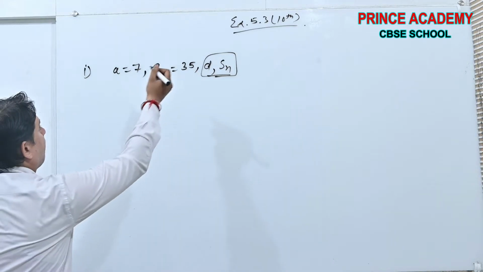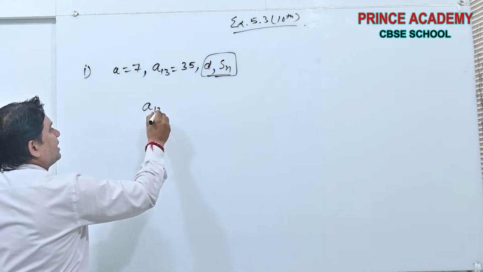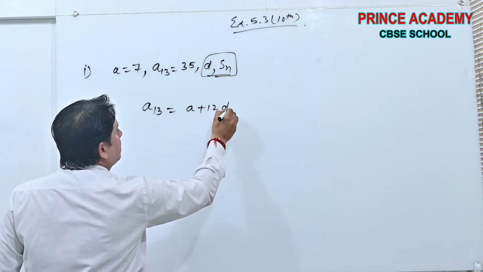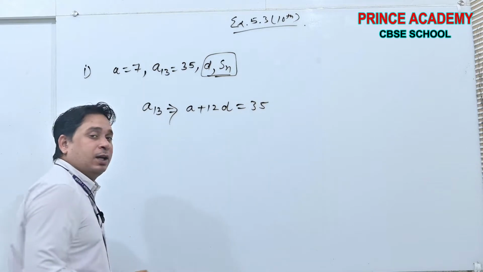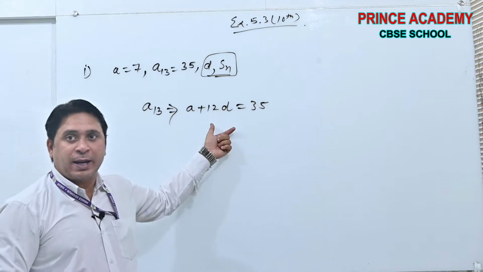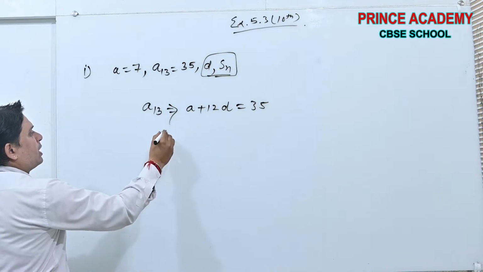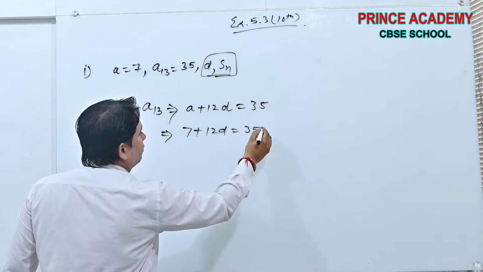Okay, see. What is this? a13, see. a13 means a plus 12d. Yes or no? And what is given? 35. Can I put the value of a here? If I put the value of a here, 7 plus 12d is equal to 35.